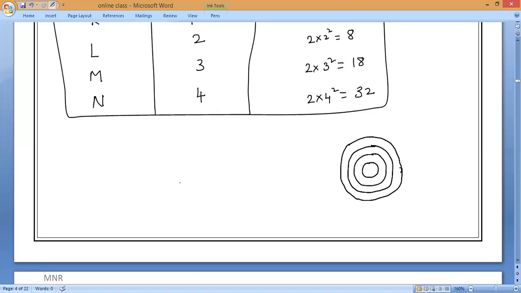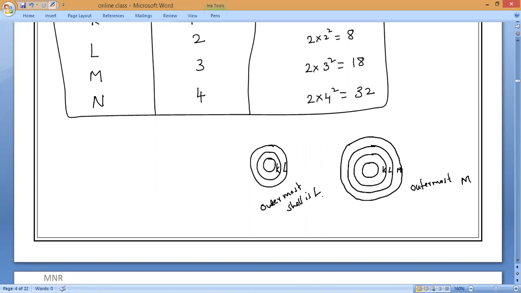Now, if I take this, for example, what is the outermost shell? In this case, K, L, M. M is the outermost shell. If I take one more atom, now in this case, what is the outermost shell? K and L. So here the outermost shell is L. And here, what is the outermost shell?